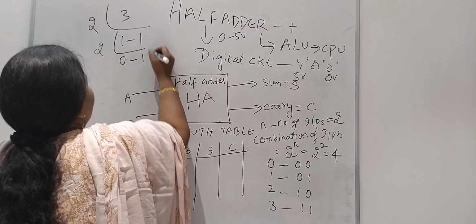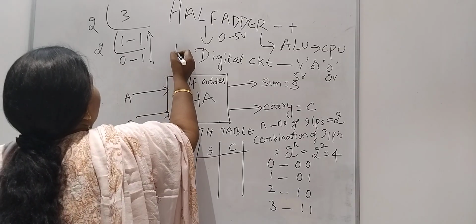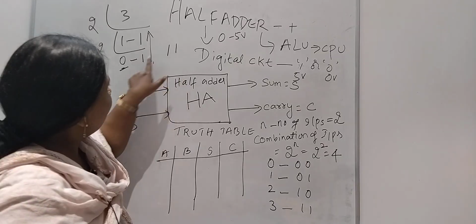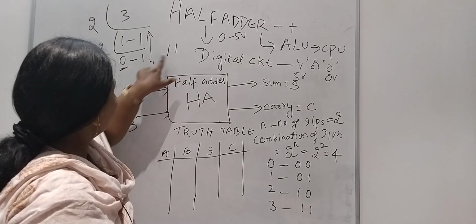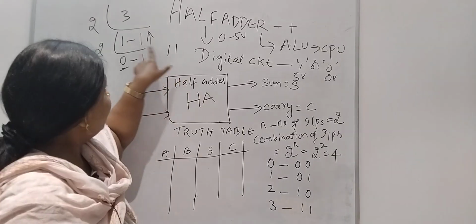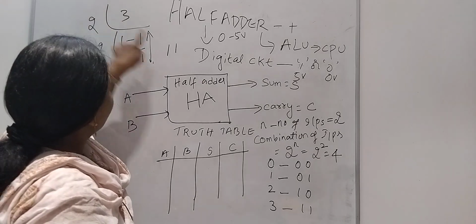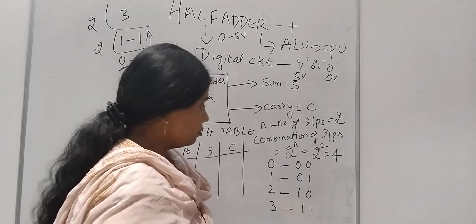So you take the remainders from down to up. So what did you get here? 1, 1. First you write downward, next upward. Down what you have here? 1. Next 1. So 1, 1. So 3, how can you write it? In binary bits, you can write 1, 1. So in that way you have to write it.